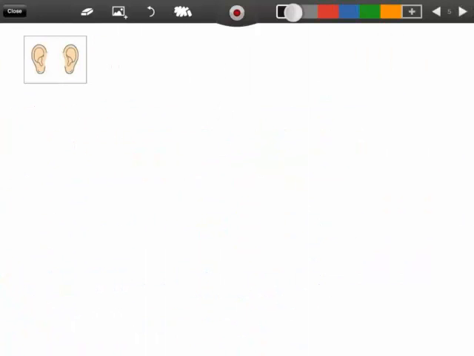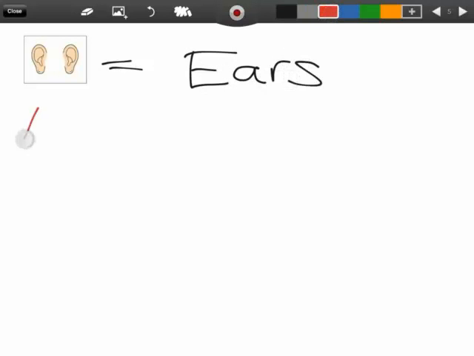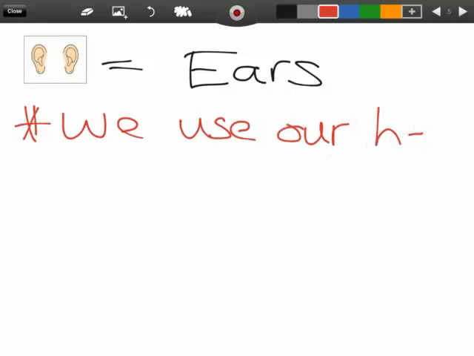Now, moving on to my next body part on our face. It's called ears. And what do we use our ears for? We use our ears, sorry about that, to hear.